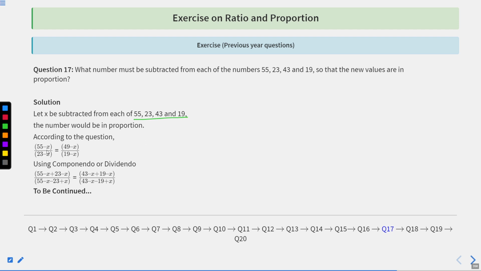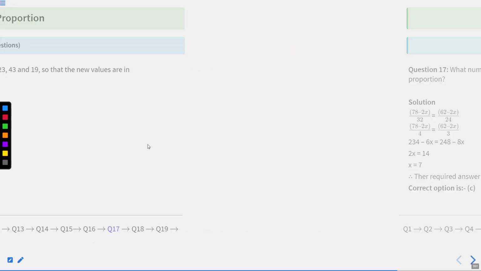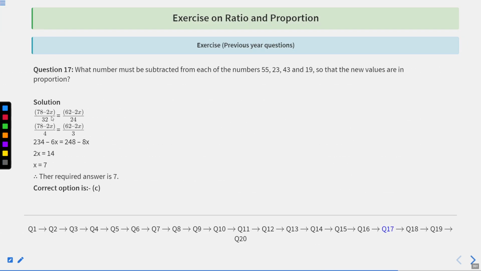So according to the question, 55 minus x upon 23 minus x is equal to 43 minus x upon 19 minus x. So when you use the componendo and dividendo, you will have 78 minus 2x upon 32 equal to 62 minus 2x upon 24. And when you simplify this, you will get x equal to 7. So the required answer is 7, which is option C.